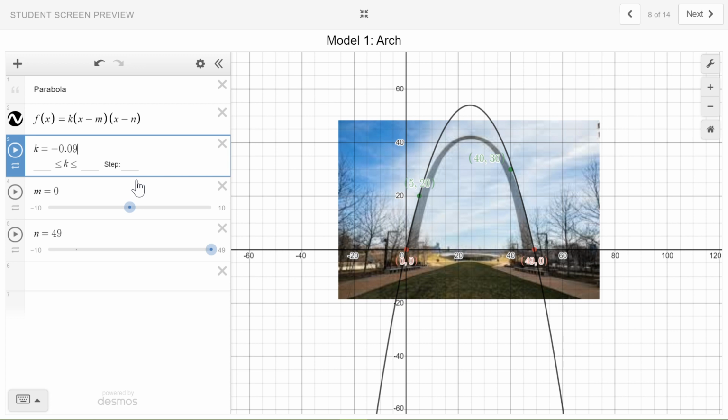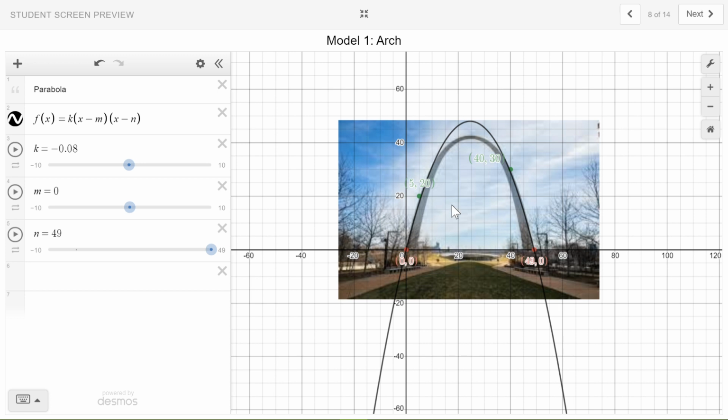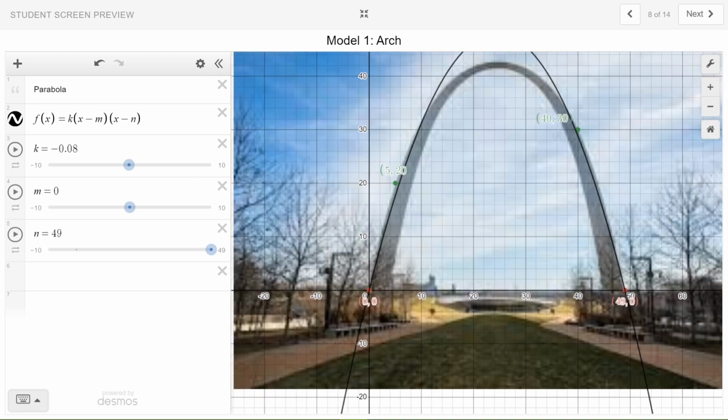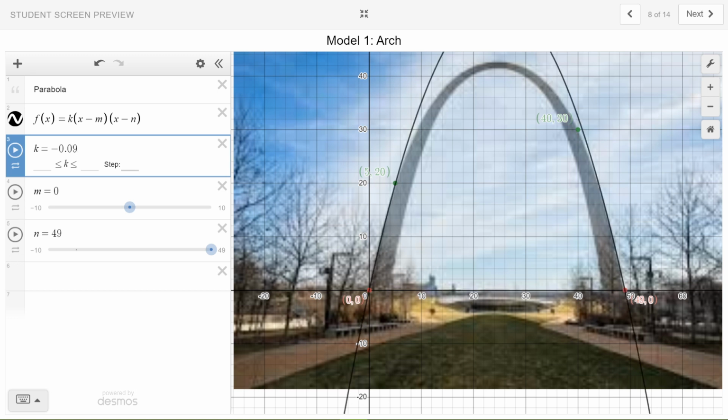And for me, what's really important is not it fitting everywhere. So this is a bad model for me. This is a really good model, I think, because I want something that fits quite well in some sections, but doesn't necessarily fit everywhere.